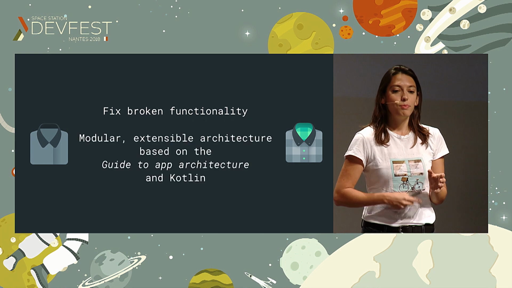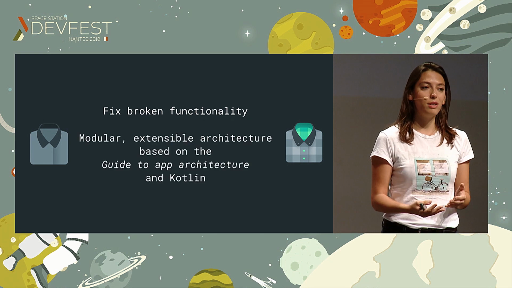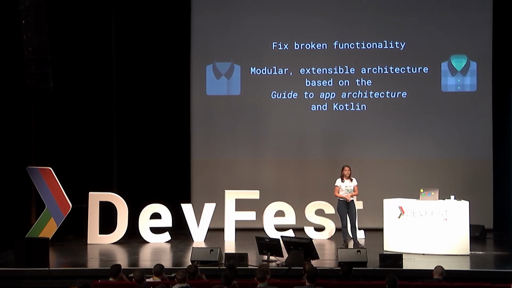But because Plaid started being developed in 2014, at that time, we weren't talking about all of these MV-star patterns. We weren't talking about reactive. We weren't talking about Kotlin. We weren't talking that much about extensibility and modular architecture. So we decided that that can be a secondary goal for us, to build this modular, extensible architecture based on the Guide to App Architecture that we released last year, and of course, with Kotlin.